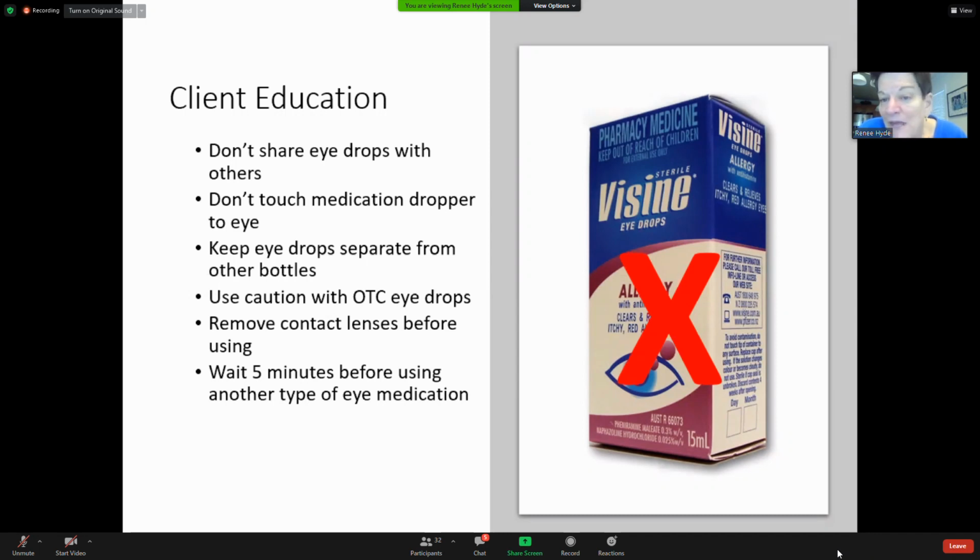Now, I've got a big X on this Visine bottle. What is Visine? Normal saline? Not really. Part of it is normal saline, but it's for eye redness and irritation. It gets the red out, right? Okay, how does it get the red out? It constricts the blood vessels.